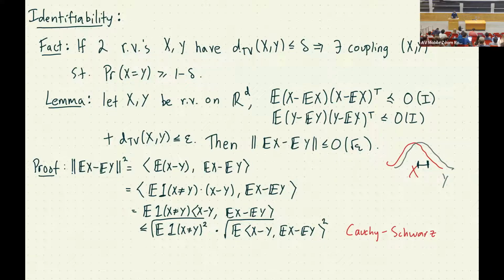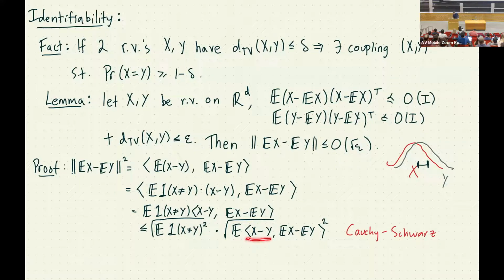Okay, we're almost there. So let's check in on what's happened. I wanted to get a bound on this term. I wanted it to be small. The reason it was supposed to be small was that X and Y are close in total variation distance, and they have bounded variance. Look what I've got to show up. Here I've got something that's governed by the total variation distance between X and Y, the probability that my coupling fails.